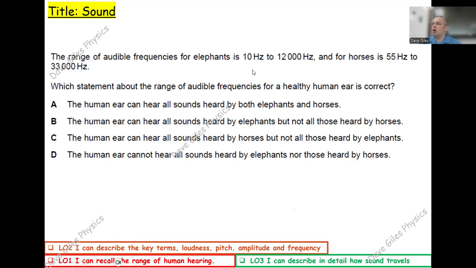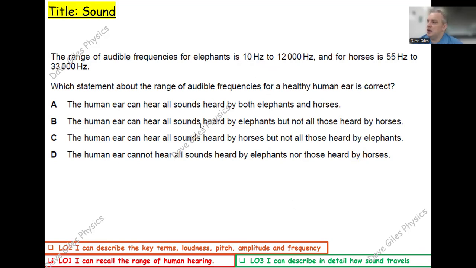And the range of audible frequency for elephants is 10 hertz to 12,000 hertz, and for horses, 55 hertz to 33,000 hertz. Which statement about the range of audible frequencies for a healthy human ear is correct? And we've got a few statements. So the first one, the human ear can hear all the sounds heard by both elephants and horses. That's not true because it can't hear the low frequencies for elephants or the high frequency for horses.